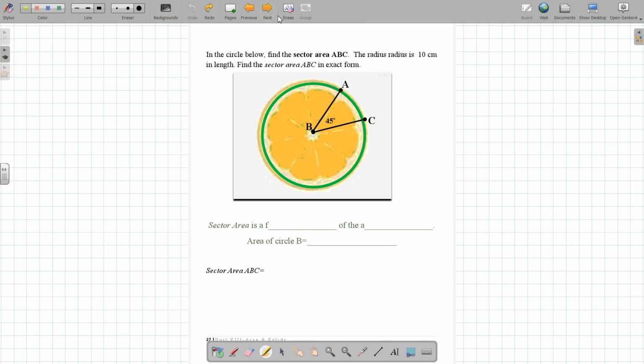Let's try sector area. We're going to find the sector area ABC. So let's just kind of shade that. Sector area is a fraction of the area, and area, of course, is pi r squared.